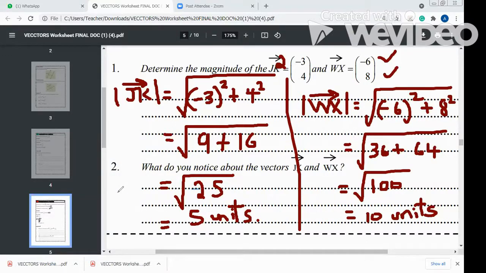And there's no space here, but let me again scribble. So for 2, they are parallel. And I'm going to write on the relationship.